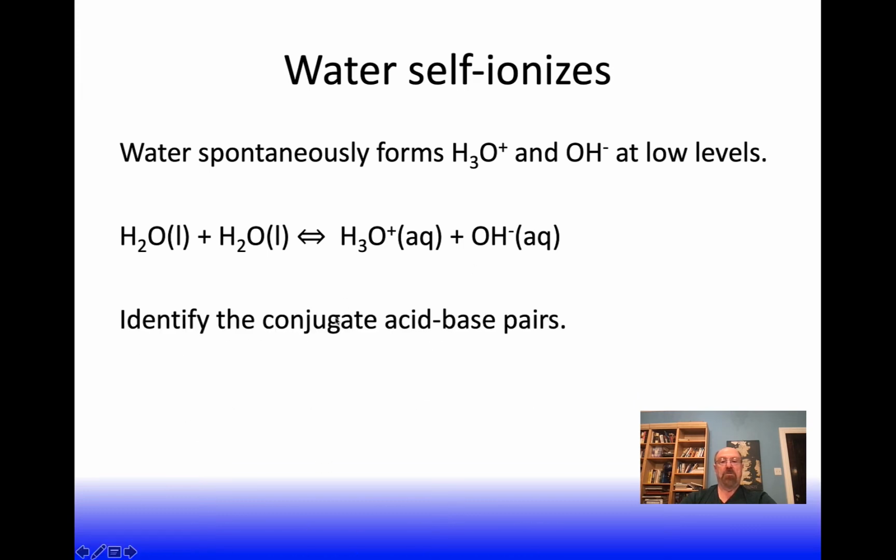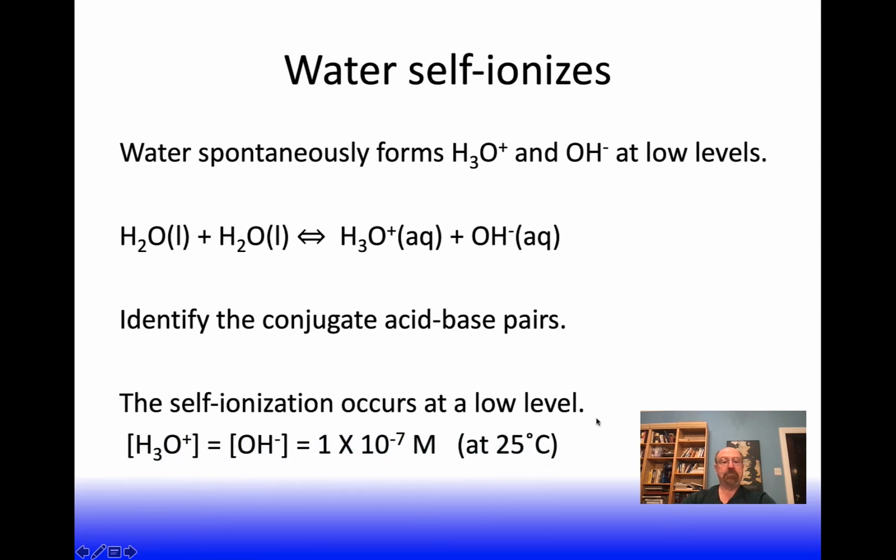Now, if we were trying to figure out the conjugate acid-base pairs, it's kind of a trick here. Either of the waters could be the acid or the base. It doesn't matter. But clearly in the reverse reaction, the hydronium ion has to be your conjugate acid, and the hydroxide ion has to be your conjugate base. Now this happens at a very low level. Look at what the level is. And as you can see, everything is 1-to-1.